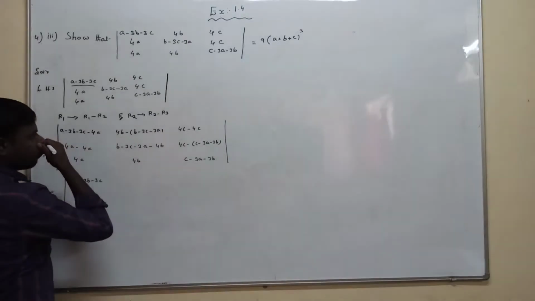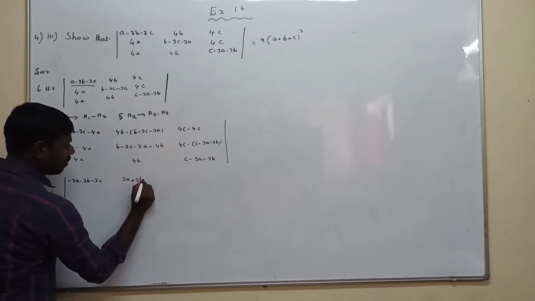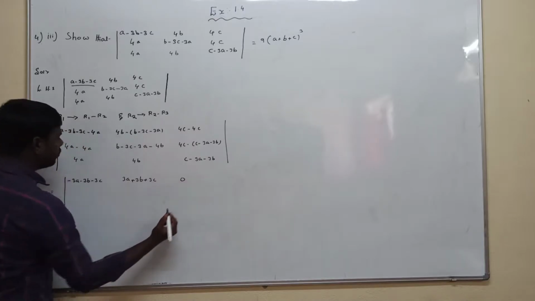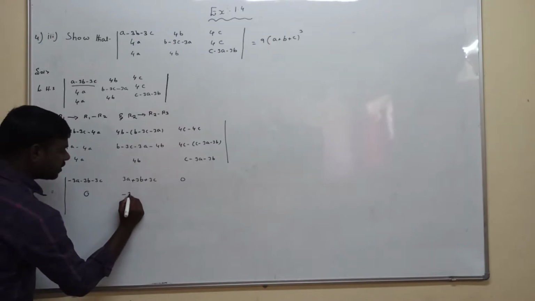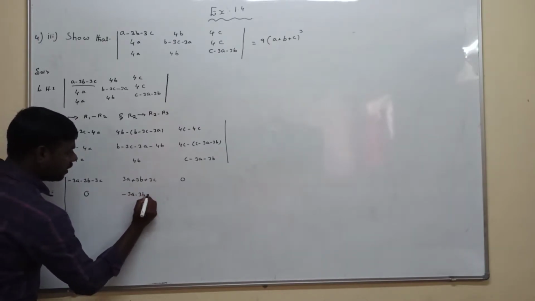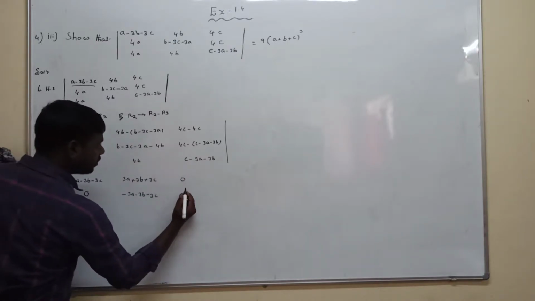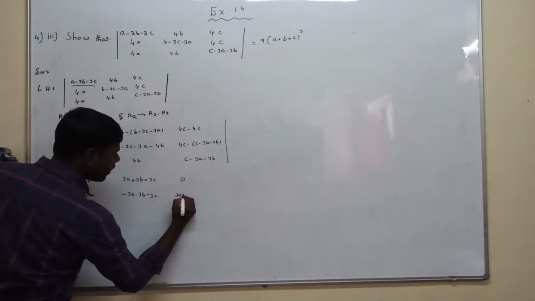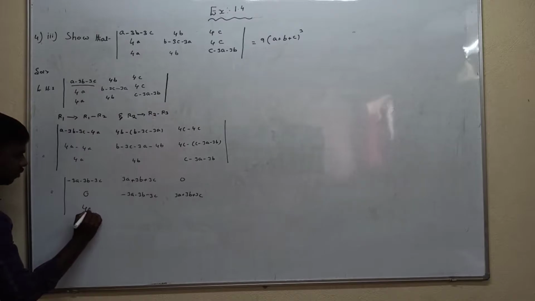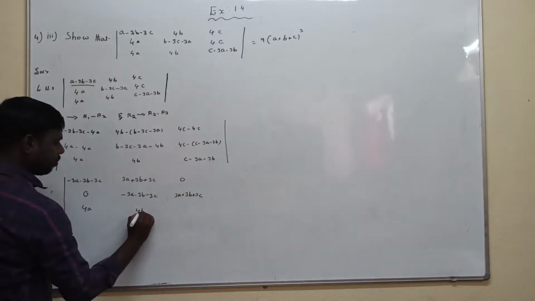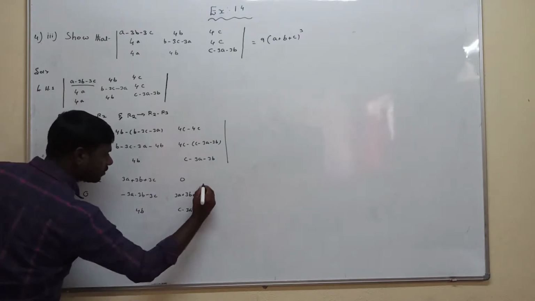Here we are getting 4b minus b, 3b, which means we are getting 3a plus 3b plus 3c. This one value is 0. Here also we are getting minus 3a minus 3b minus 3c. Here also 4c minus c is 3c, which means we are also getting 3a plus 3b plus 3c. The third row is 4a, 4b, c minus 3a minus 3b.